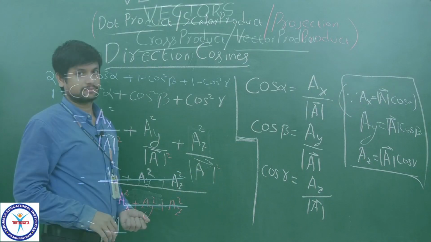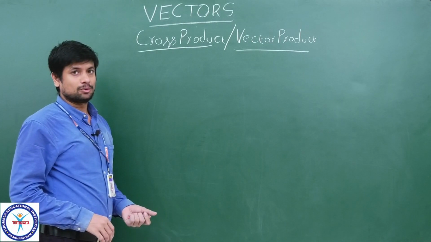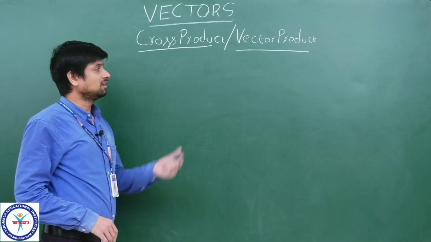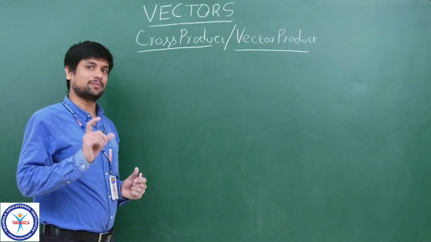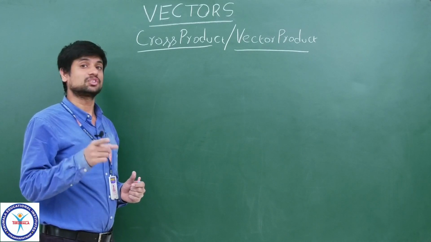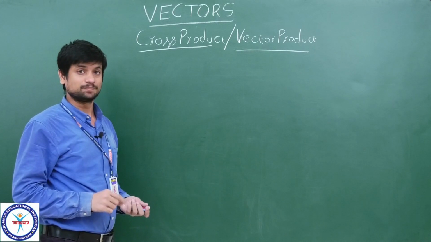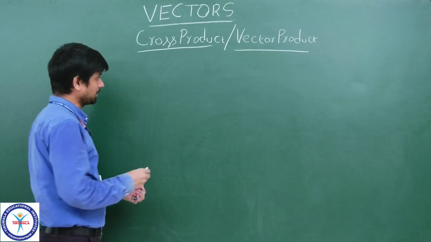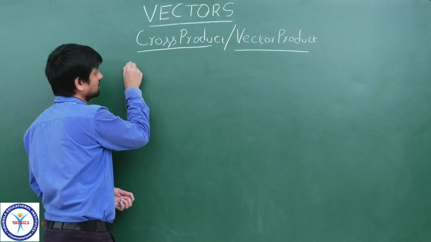See, children, now in the multiplication here we are doing the multiplication between the vectors, but we are taking its vertical component. That means, children, I am writing here the definition of the cross product.